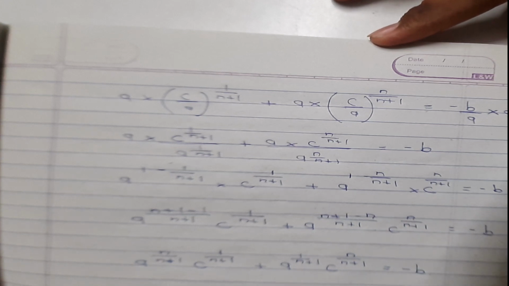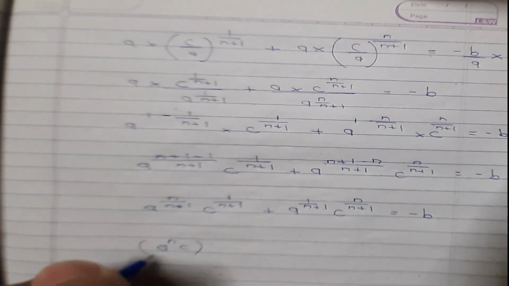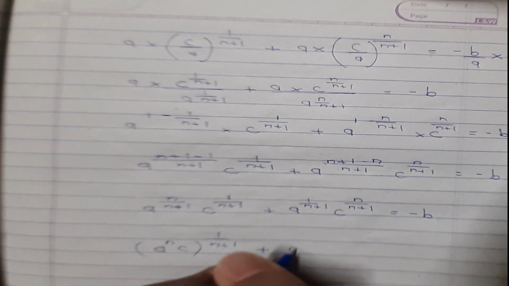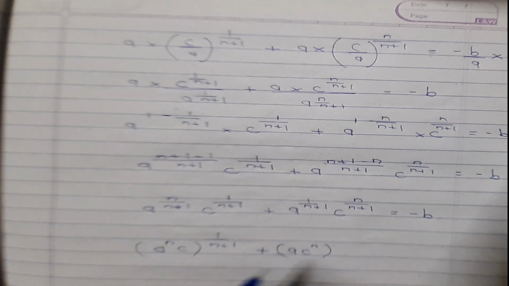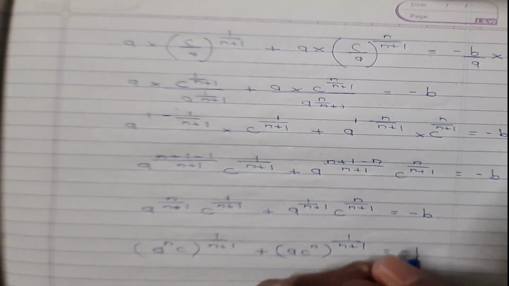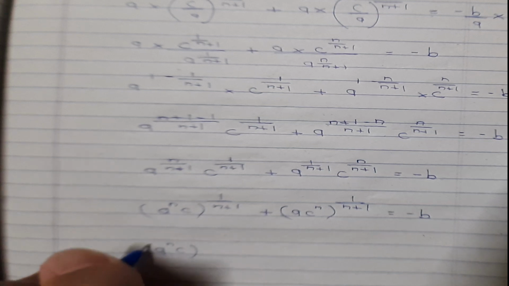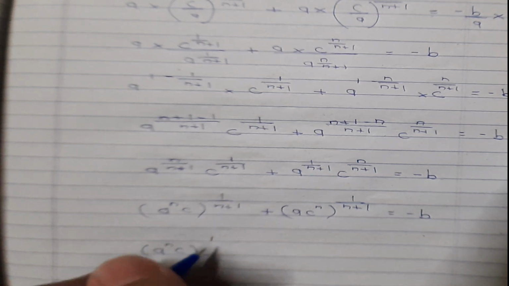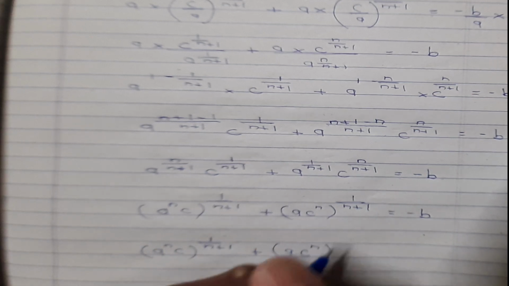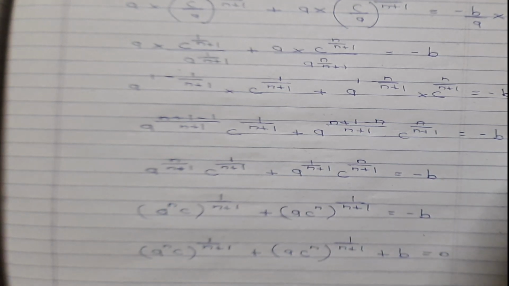Now rearranging this term, we get (a^n c)^(1/(n+1)) plus (a c^n)^(1/(n+1)) equal to minus b, which gives us the final equation: (a^n c)^(1/(n+1)) plus (a c^n)^(1/(n+1)) plus b equal to 0. Hence the proof.